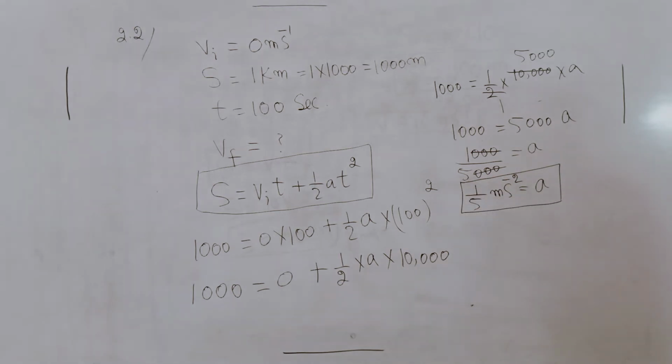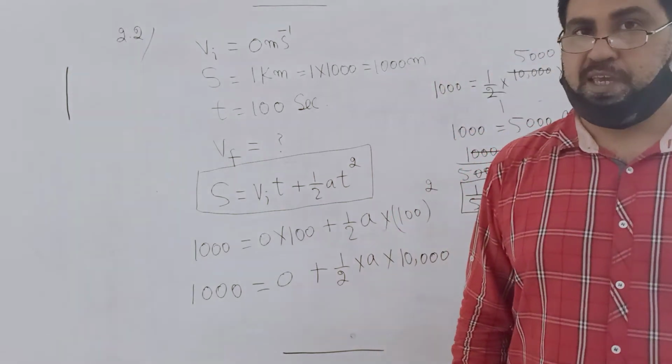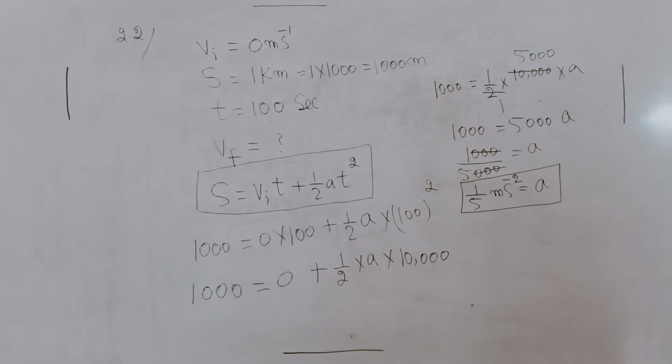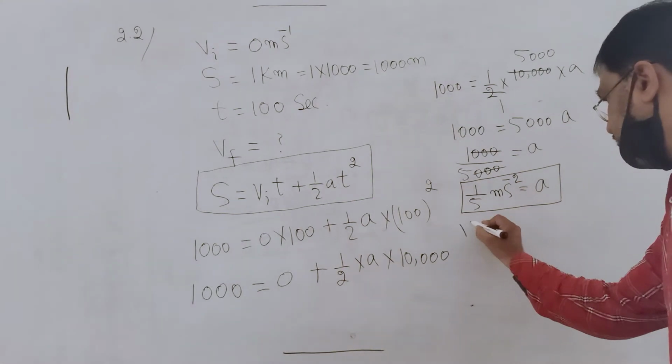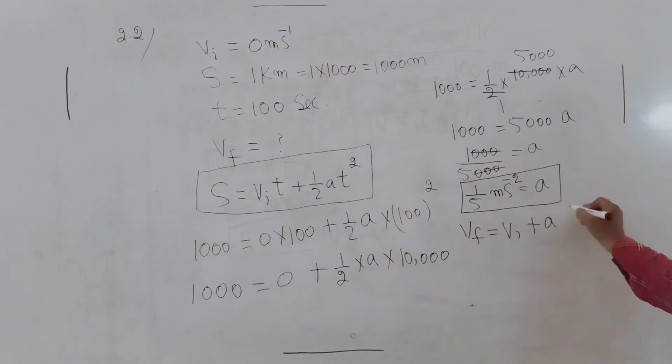We have to find final velocity. For this, we can use first equation of motion. First equation of motion is Vf is equal to Vi plus At.